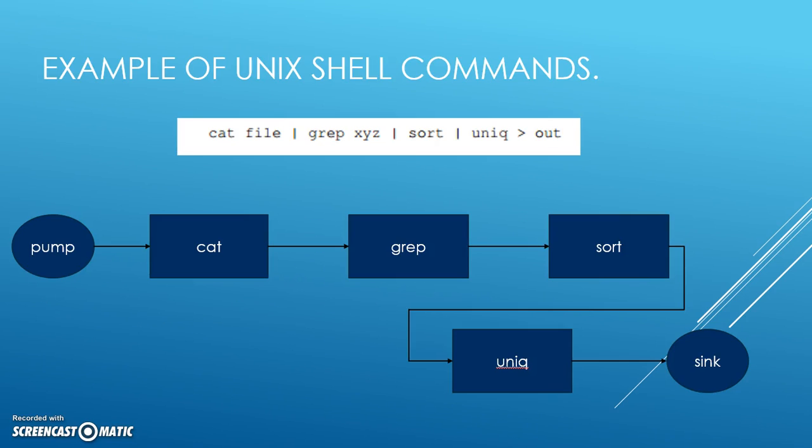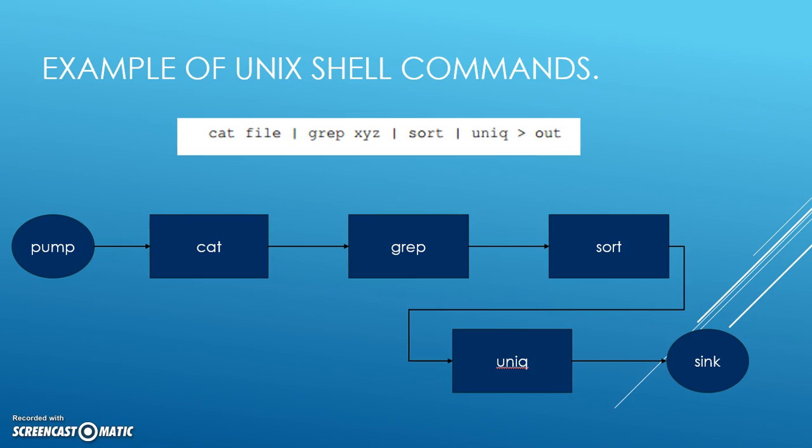One example of the pipe and filter architecture is the Unix shell command. As we talked about, the system task is divided into small subtasks, and the output of one subtask is an input for the next subtask. In the Unix shell command example, the cat filter reads the file and passes the content of the file to the grep filter. The grep filter selects the lines containing XYZ and passes those lines to the sort filter.